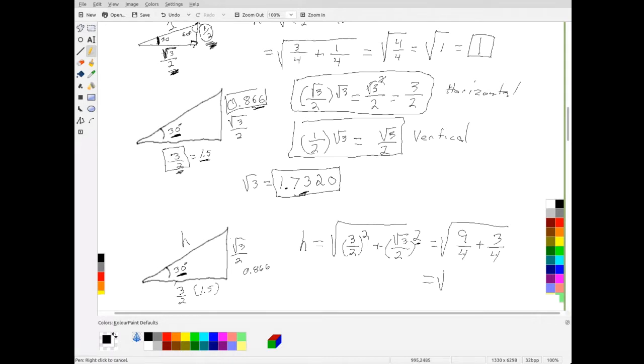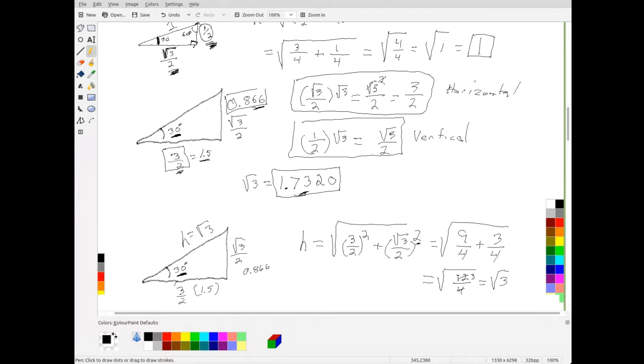So that gives me 12/4, and 4 goes into 12 3 times. And so this gives me the square root of 3.